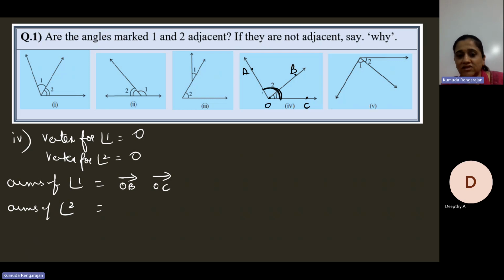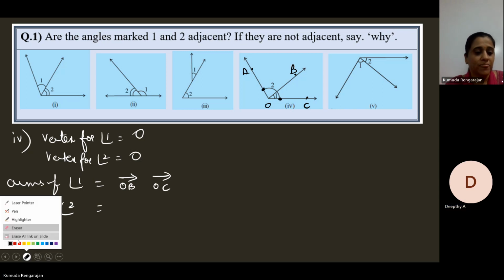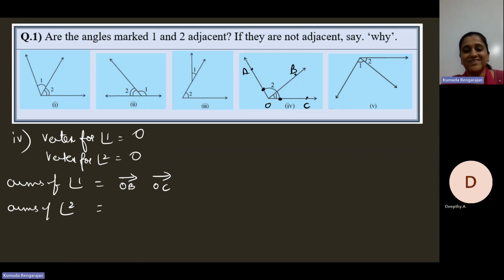Which are the two arms it is touching? It's touching this one, OA, and it's touching this one, OC. OA, OC. When you mark that angle, it will touch two rays. Those two rays are the arms. See, when you mark like this.